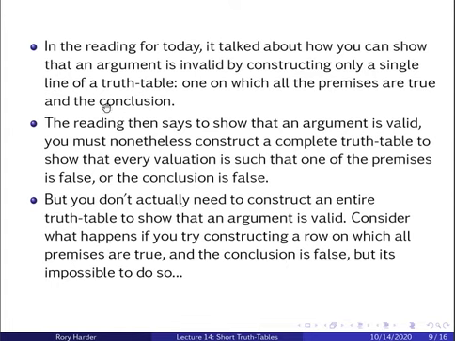So you try showing that the argument is invalid, but then if you find that it's impossible to create a line on which all the premises are true and the conclusion is false, then you know that the argument is valid, because you know that every row has to be one on which either one of the premises is false or the conclusion is false. So let me now turn to the method and then an example of it.